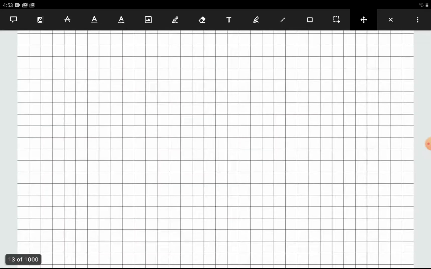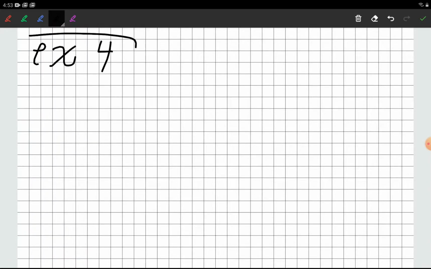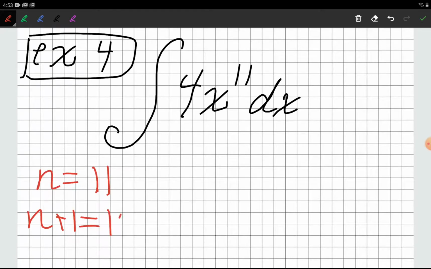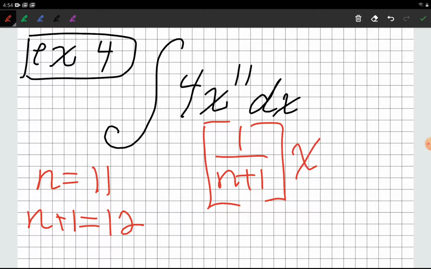Example 4. Let's find the antiderivative of 4x to the 11th with respect to dx. And so, same process. Right now, n is 11, so n plus 1 naturally is 12. So there's your formula: 1 over n plus 1, x, whatever the function is, x to the n plus 1.